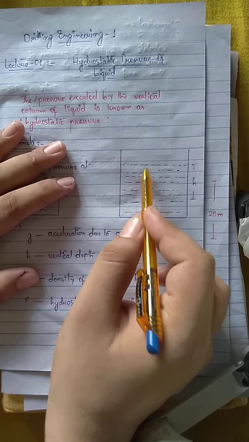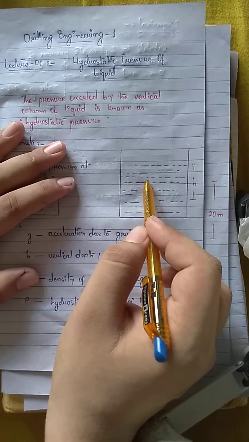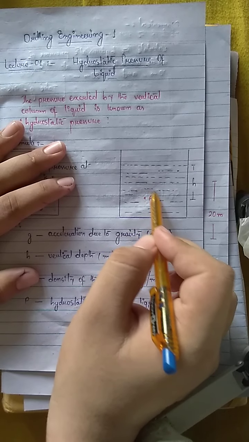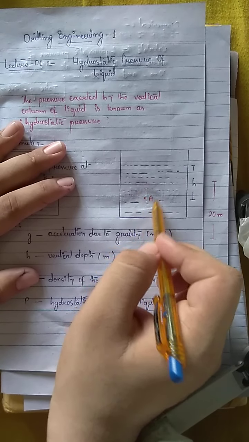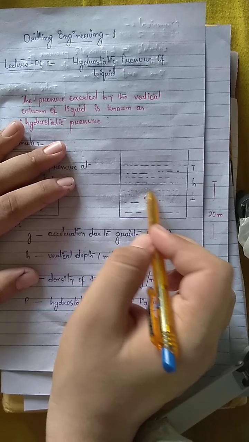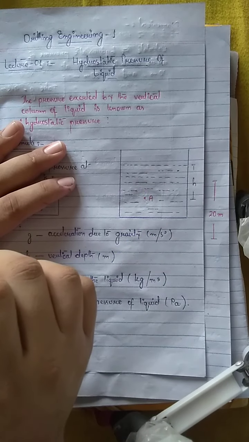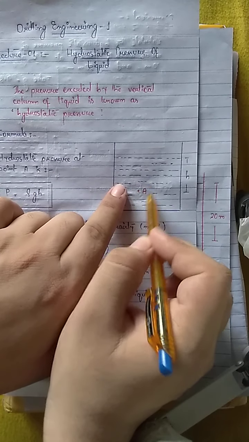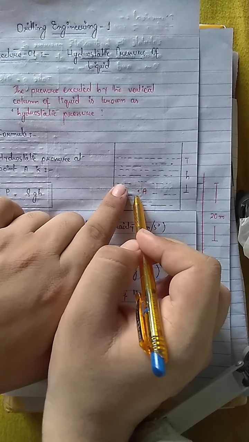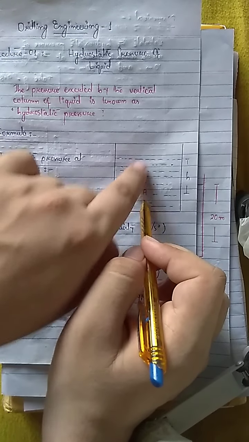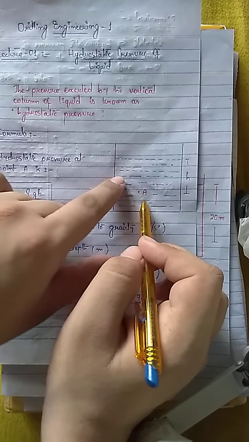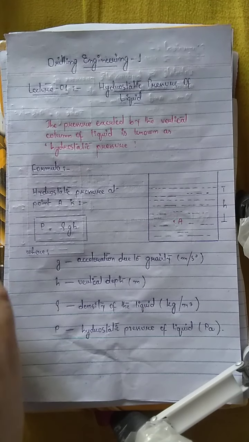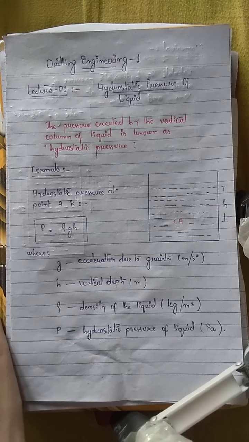So the pressure exerted by the series of molecules on the molecule which is present at point A is known as the hydrostatic pressure. So the total pressure which is exerted on a particular point in the body of the liquid due to the vertical column which is present above that point is called the hydrostatic pressure. So the hydrostatic pressure is simply the pressure which is exerted by the vertical column of the liquid.